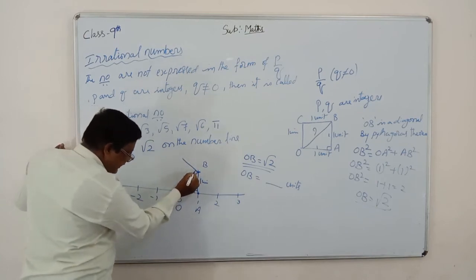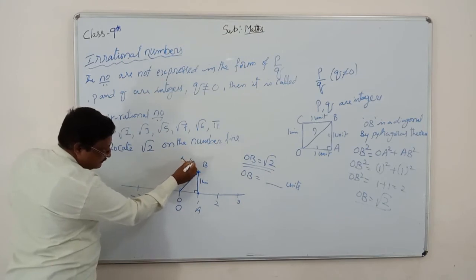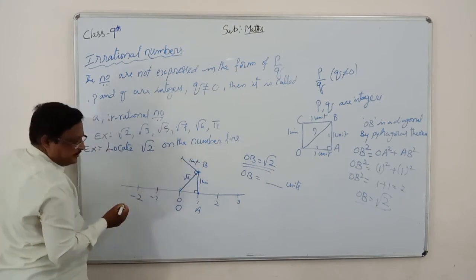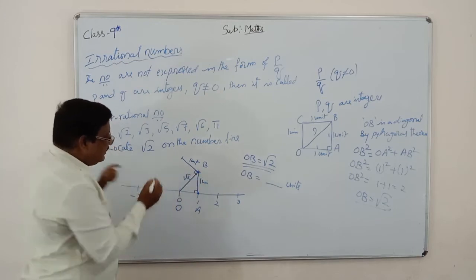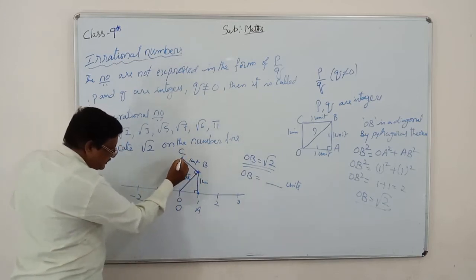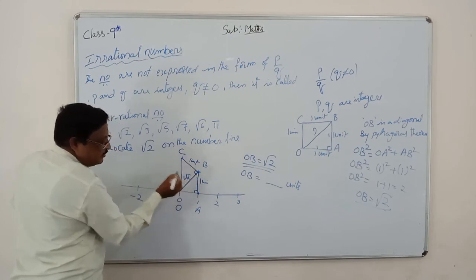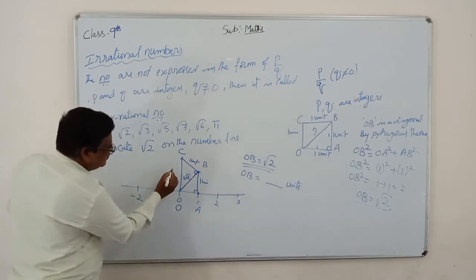This is 90 degree. Here, this is also 1 unit. Here, this is O, B, this is C. This point is C. When you draw OC, this is 1 unit, this is square root of 2, this is square root of 3.